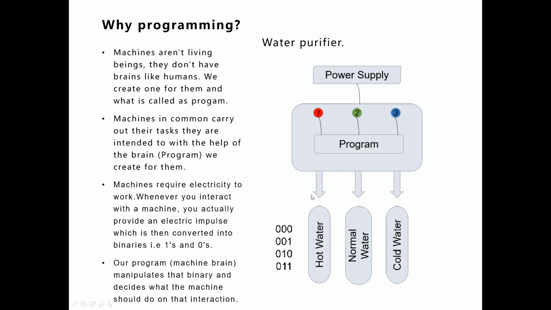On pressing 1, the hot water valve opens and you get hot water. Same, you press 2, and on pressing 2, the normal water valve opens and you get normal water, and same with 3. That's where the necessity of a program arises: we require a program to run the machine, the main brain of the machine.